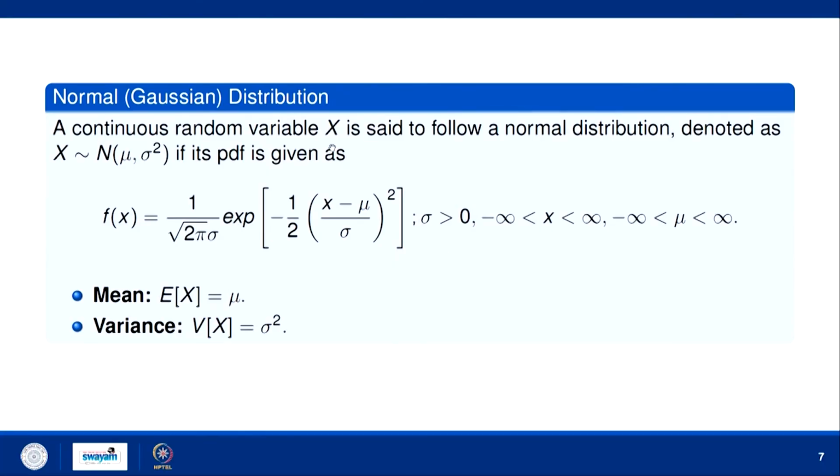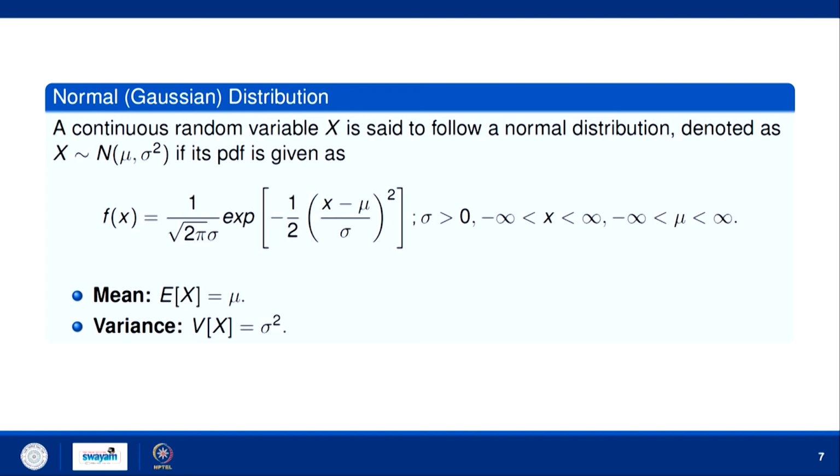A continuous random variable x is said to follow a normal distribution, denoted as N(mu, sigma square), where mu is the mean and sigma square is the variance, if its PDF is given by this expression, where sigma is greater than 0, x is between minus infinity and plus infinity, and mu is also from minus infinity to plus infinity.